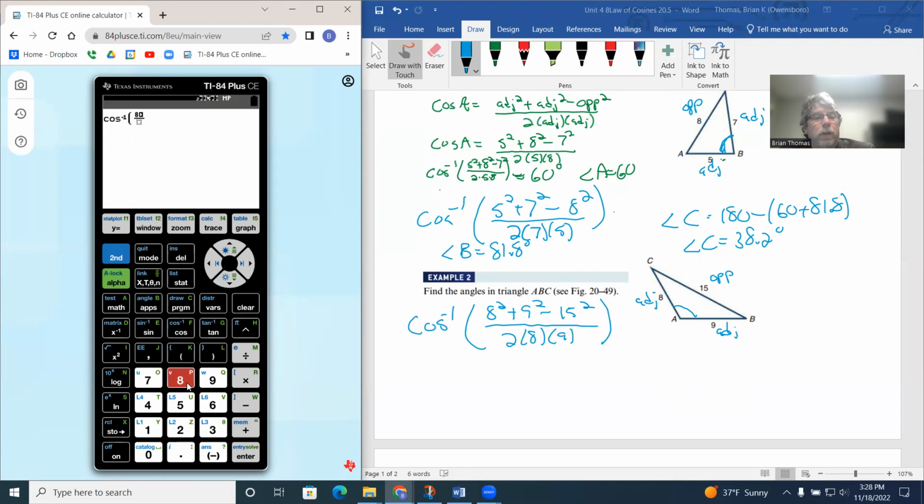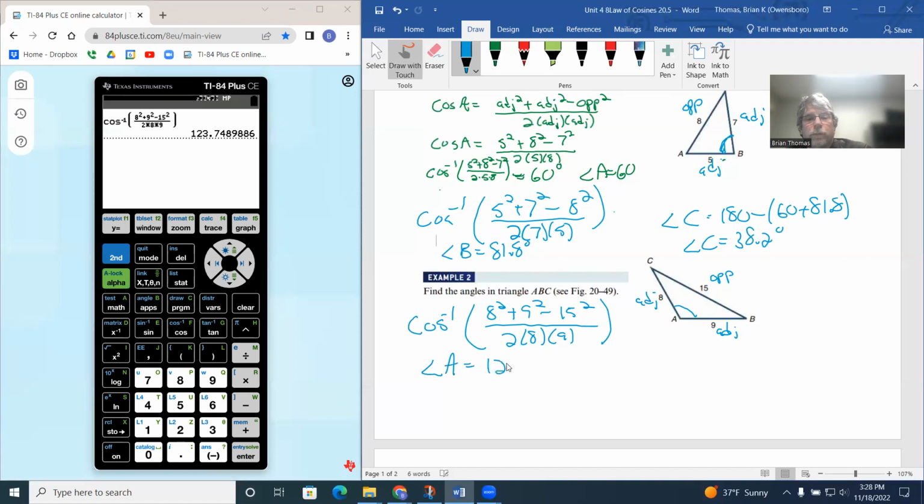Again, if you want to just type in 8 squared plus 9 squared minus 15 squared, you can move down, 2 times 8 times 9. Come out of there, close parenthesis, hit enter, and that gives angle A as 123.7 degrees.